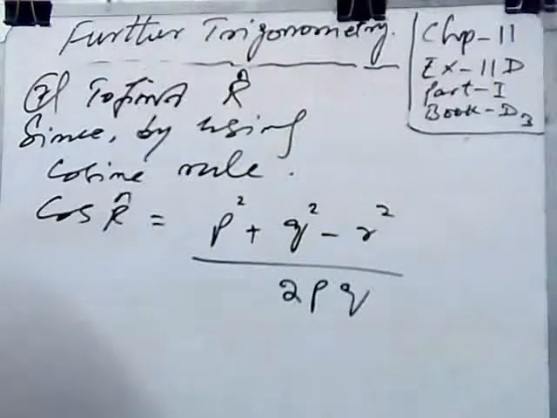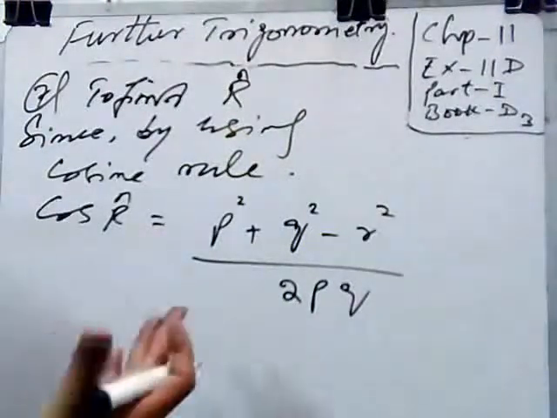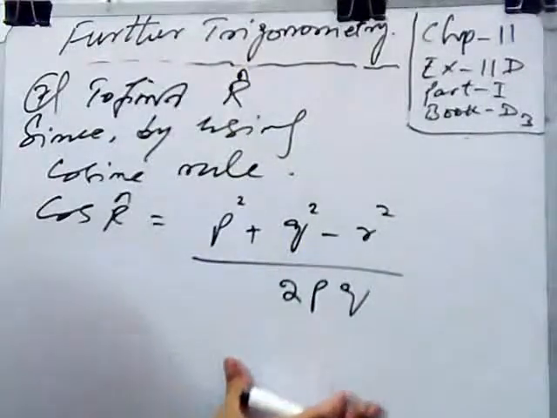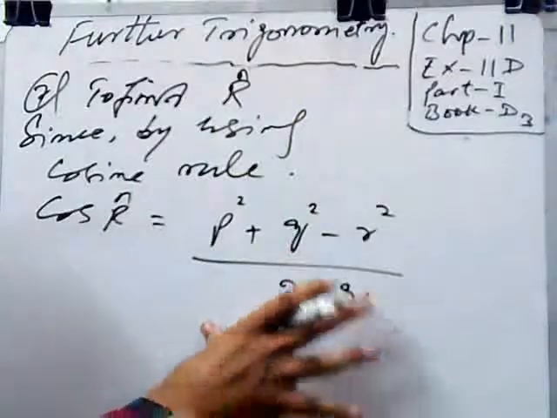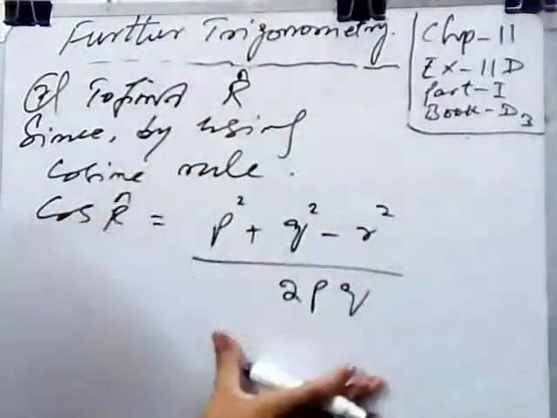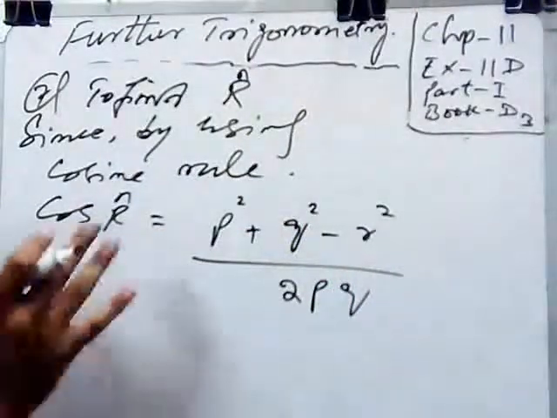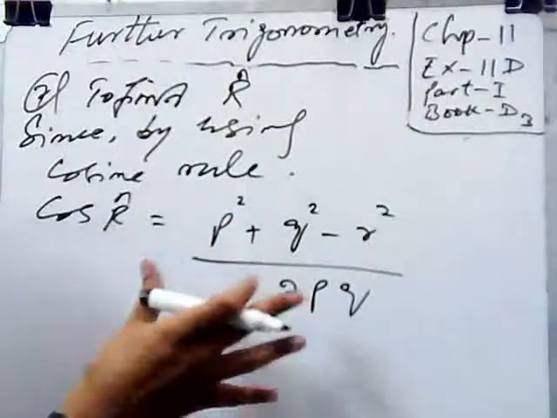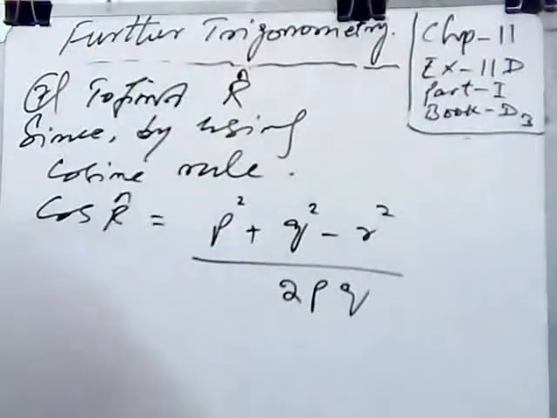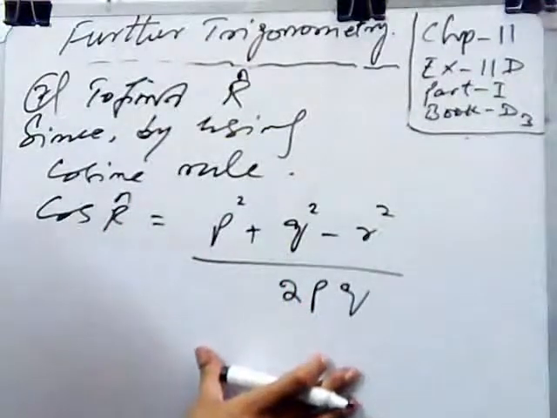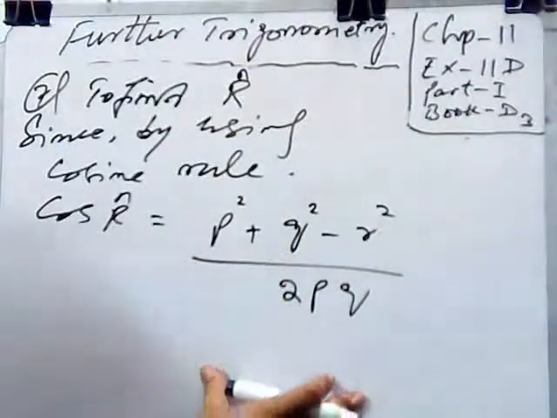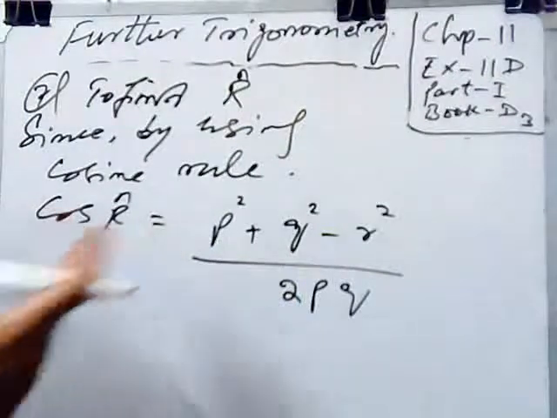But as we have discussed earlier, if we have to find angle PQ, we use the cosine rule. Now in the case of the third angle, when two angles are known to us, then we have a shortcut. We know that the sum of interior angles is equal to 180, so we can use this property and find the third angle.